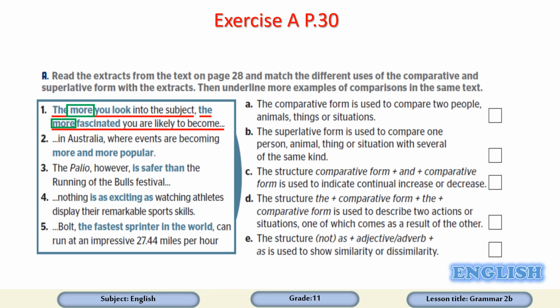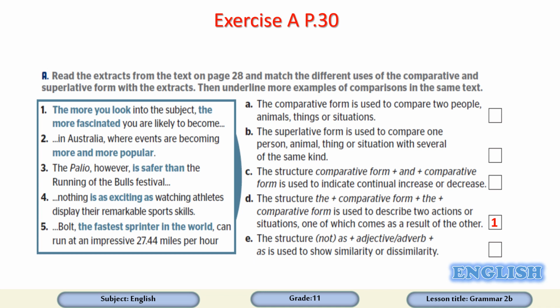What kind of relationship is there? Yes, very good. The second clause is the result of the first clause. So what can be the answer? Yes, very good. The answer is D. The structure the plus comparative form plus the plus comparative form is used to describe two actions or situations, one of which comes as a result of the other.